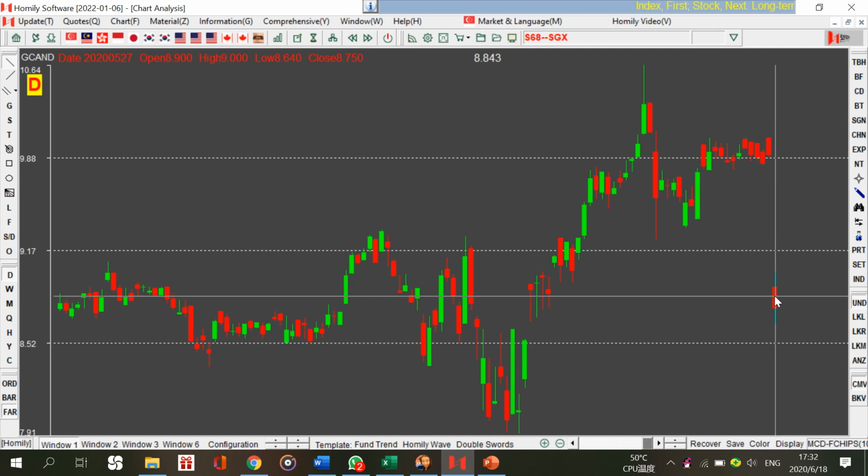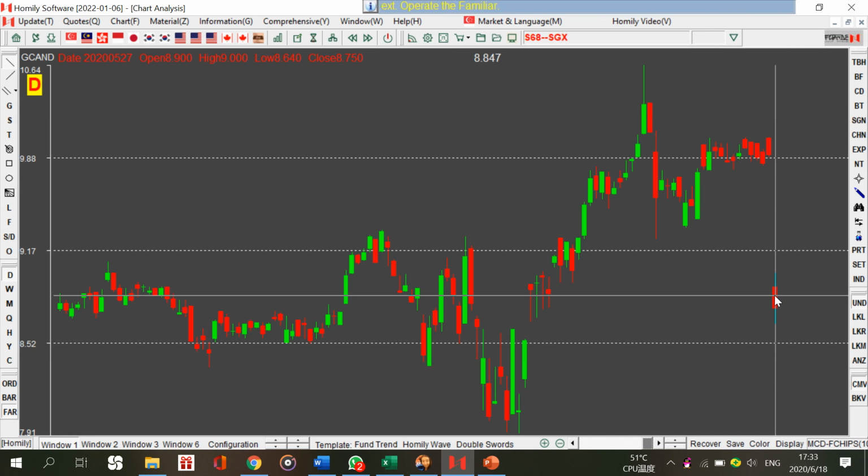before the market open on 27th May, we had known the news that SGX has lost its license for some derivative products from MSCI, right? So that's the very bad expectation.